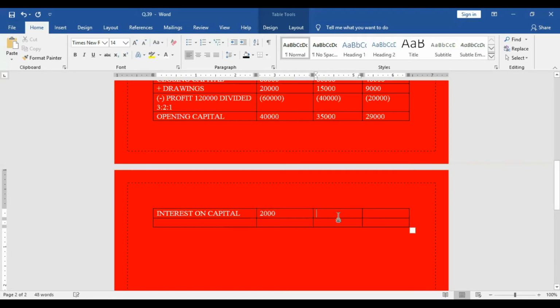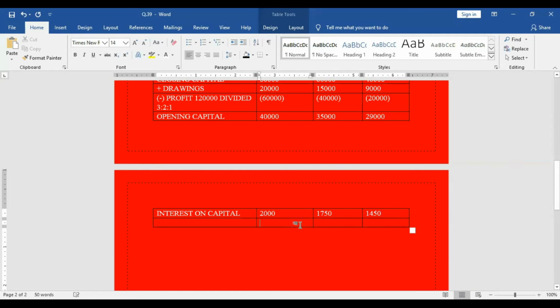For Monu it will be 1,750, because it is 35,000 into 5 by 100. For Ahmad, 29,000 into 5 by 100, will be 1,450.